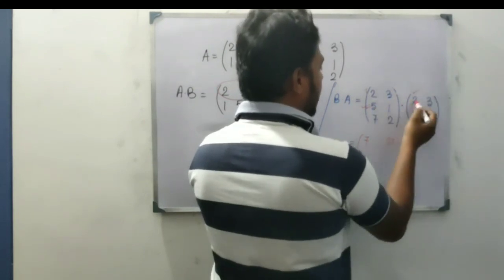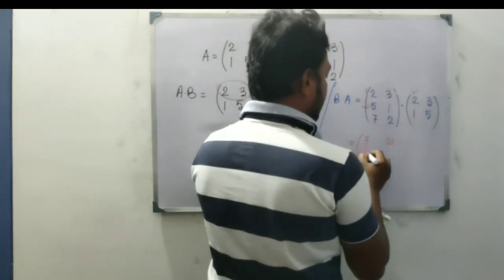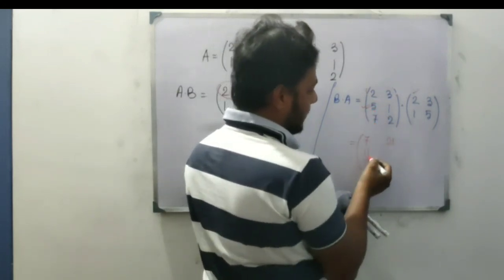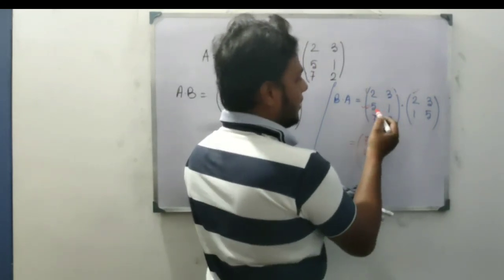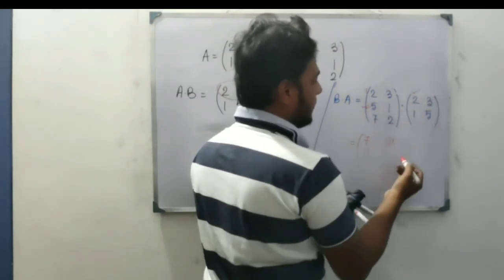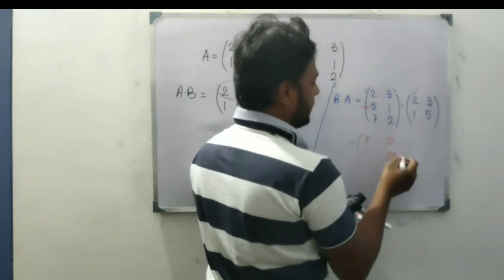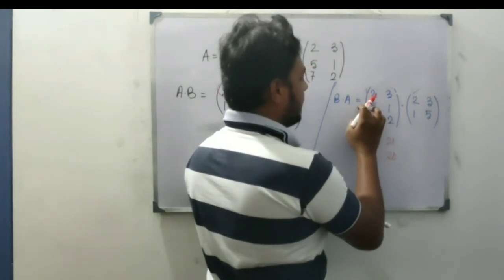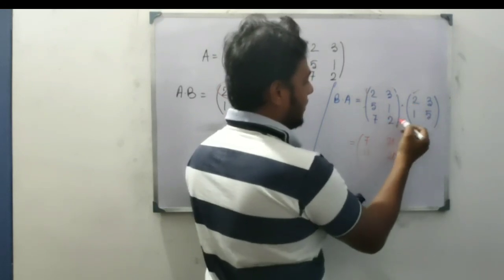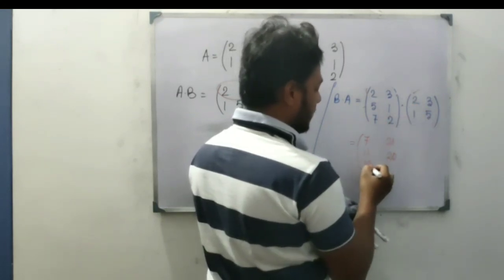Then 5 2s are 10 plus 1, 11. See, I am considering the second row, so I am generating the second row here also. Now second row, second column. So 3 5s are 15 plus 5, 20. Now this completes the second row. Now third row with first column. So 7 2s are 14 plus 2, 16.